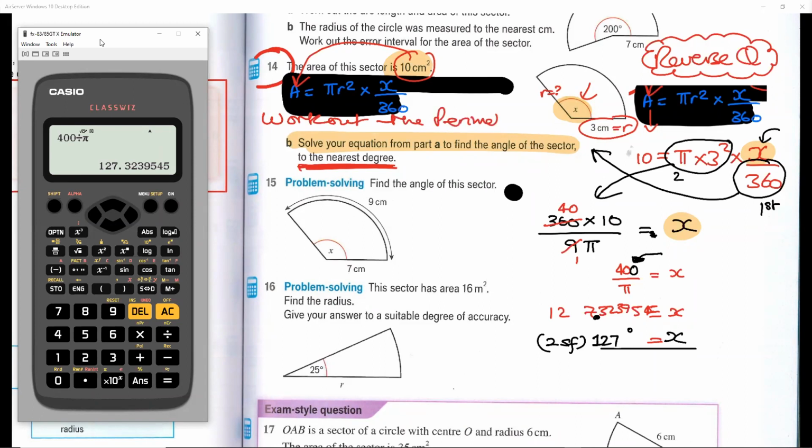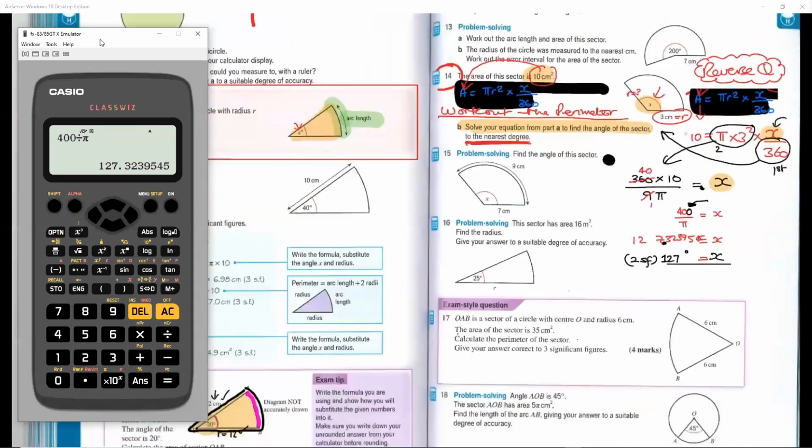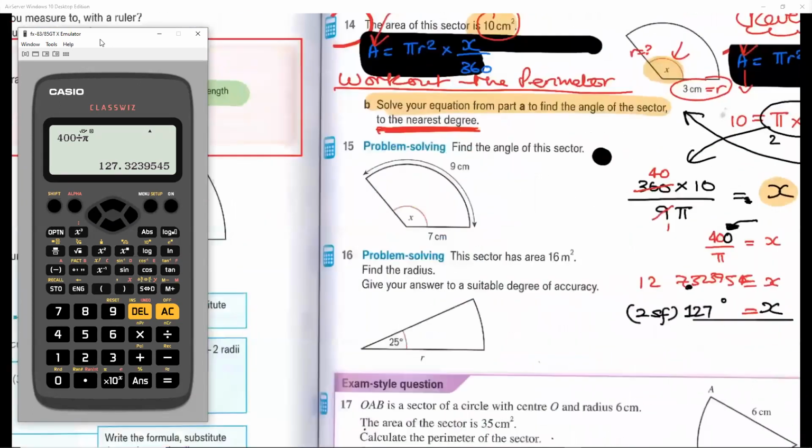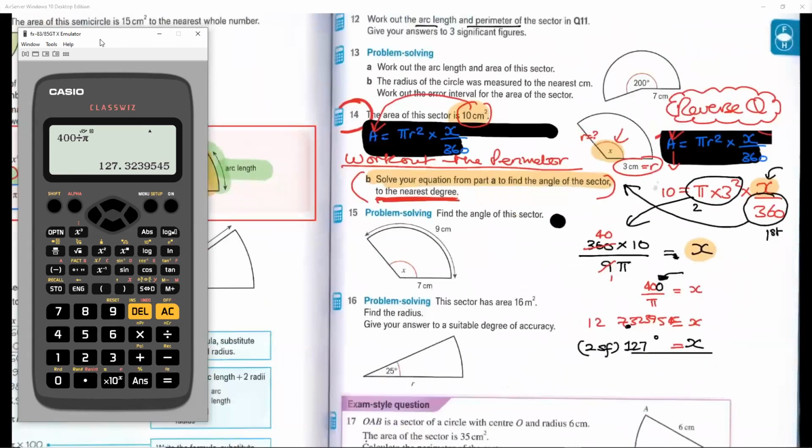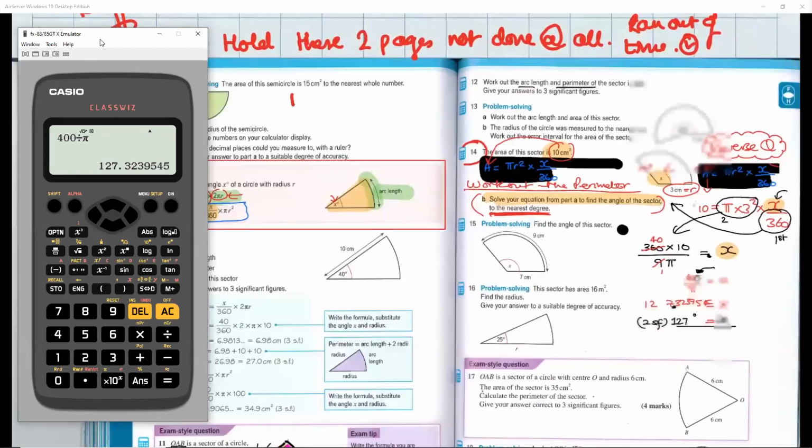That's a question that I just did recently with my students in school. Work out the perimeter. So that's your question, part 2. Go, everybody, work out the perimeter. Take into consideration that we've worked out the angle. You now have to work out the perimeter of the shape.